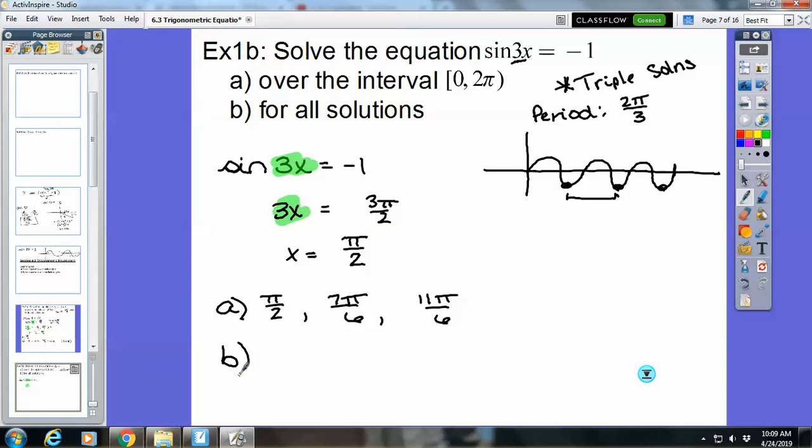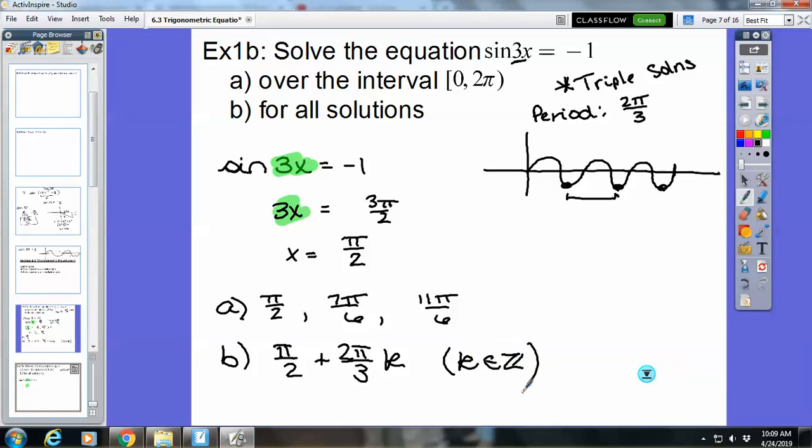Okay, B, for all solutions, all we have to do is take our original solution, which we only had 1, it was pi over 2, plus what? Your period times k, where k is just an integer.